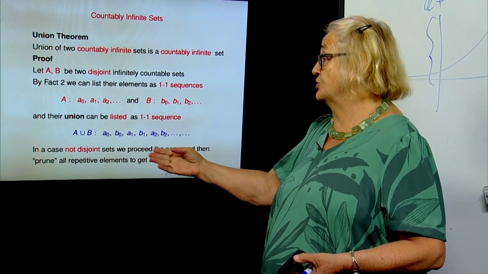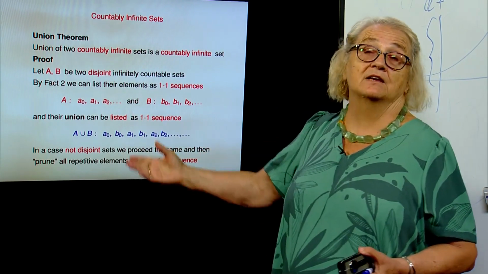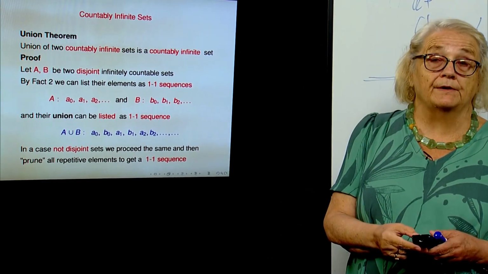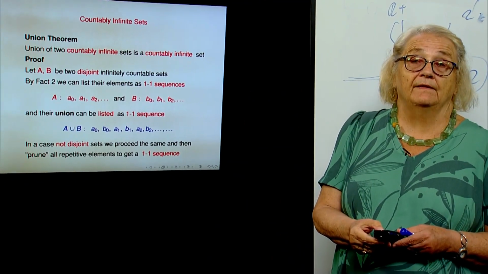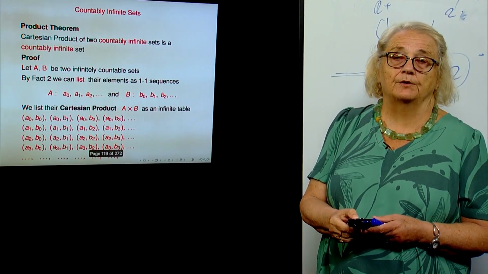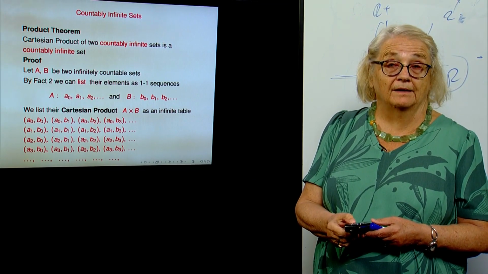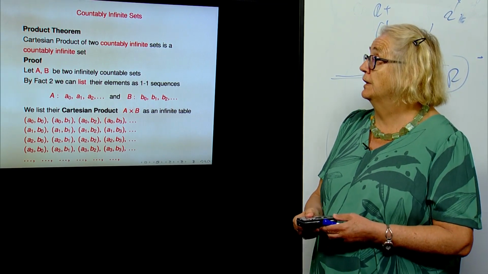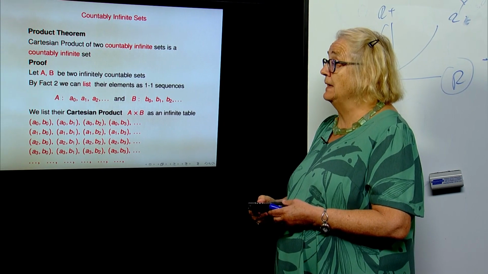In the case of disjoint sets, you have 1-1. In the case of not disjoint, you can prune that element, and you can enumerate all elements of the union. For you have two countably infinite sets N and B.